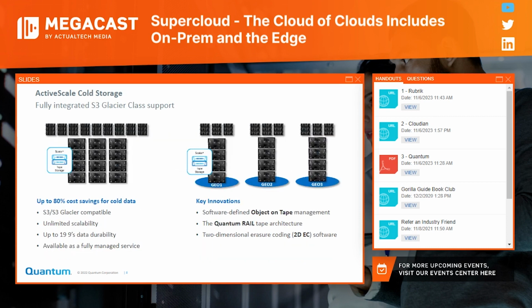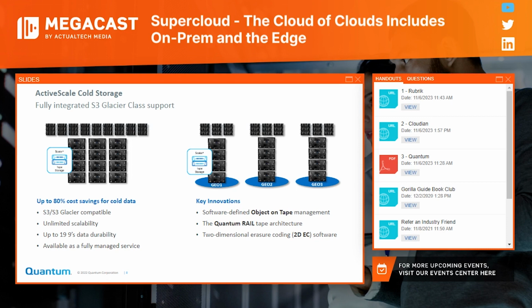One of the key and most interesting features of the ActiveScale cold storage system is, as I suggested, the S3 Glacier class. This is where we are able to provide S3 Glacier class storage as an integrated element of the ActiveScale system. This can provide up to 80% cost savings by virtue of the lower cost economics of tape media.